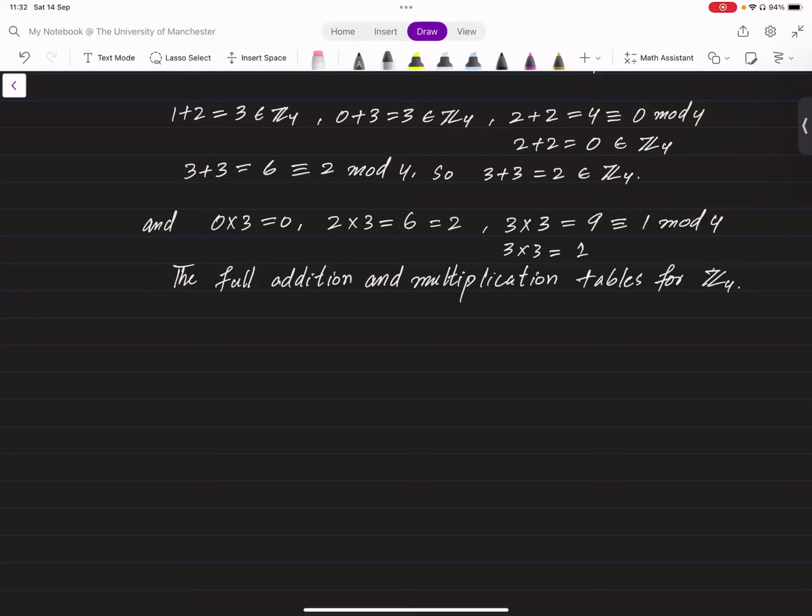So let's say we have a table which is plus, and then we are saying this is 0, 1, 2, 3, and this is 0, 1, 2, 3.